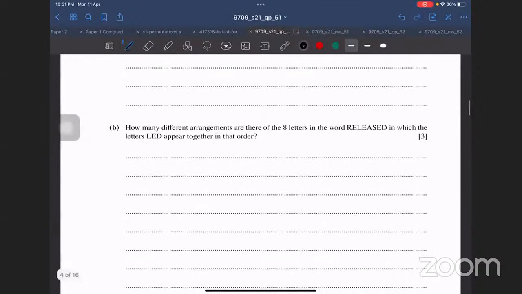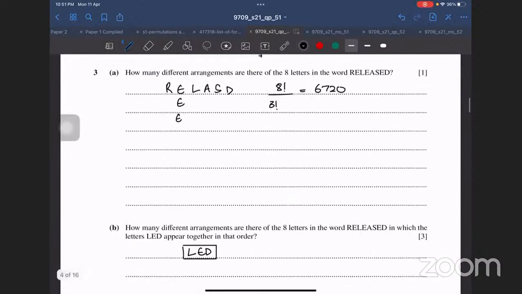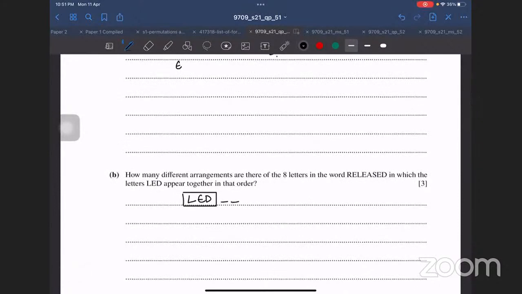It says how many of the different arrangements of the 8 letters in the word released have the letters LED appearing together in that order. So LED appear together in that order. There were a total of 8 letters, so I'm left with 5 more letters. These contain 2 E's.